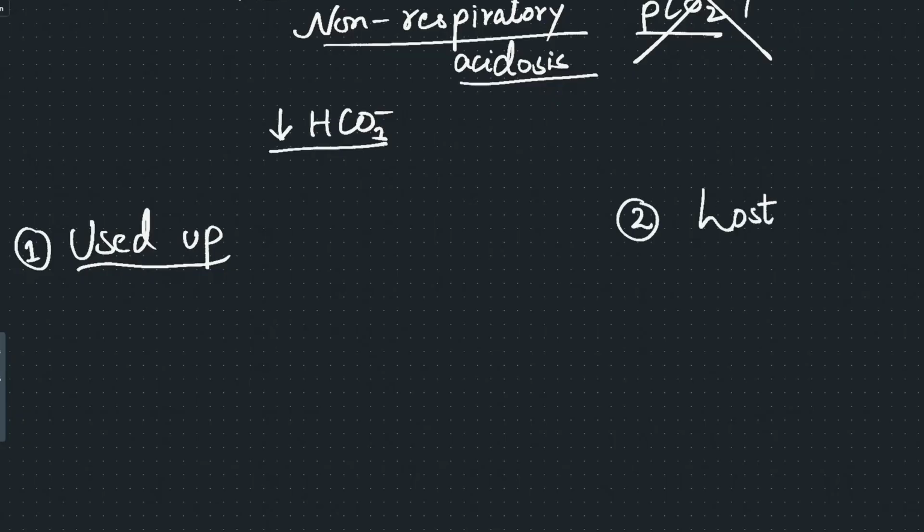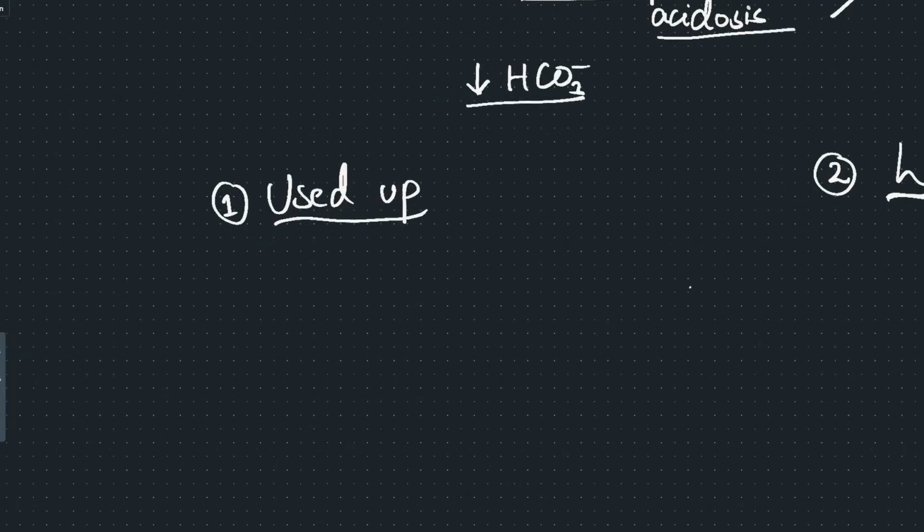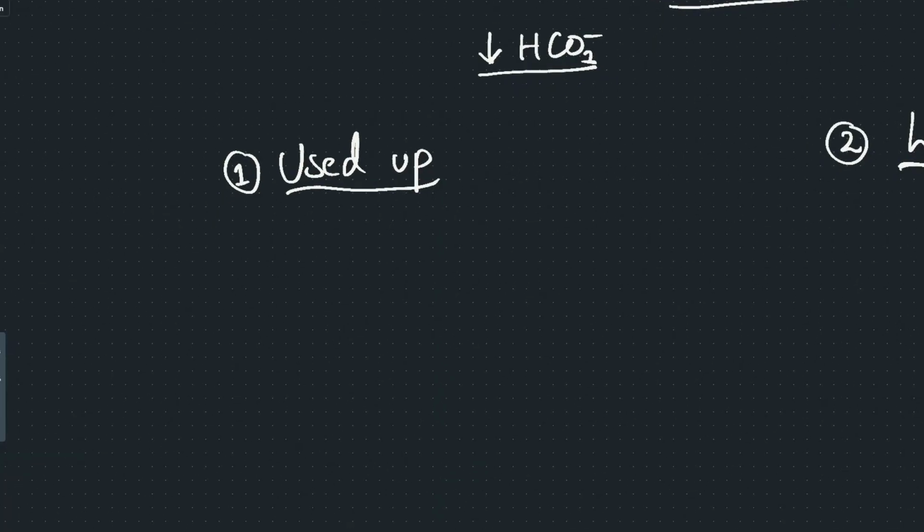We will see how it is lost and how it is used up one by one. First, let's start with how it is consumed. If lots of bicarbonate is consumed, there will be a decreased level of bicarbonate in our blood.